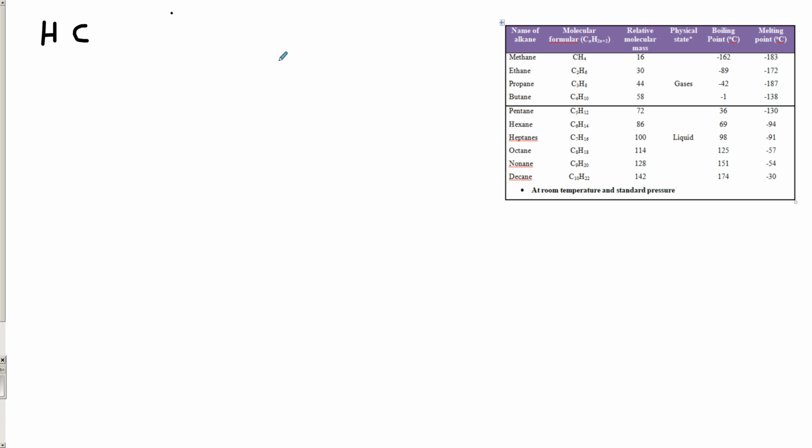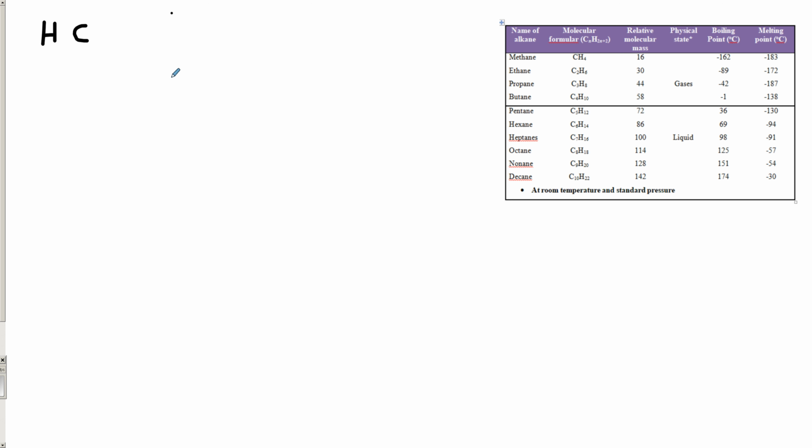Now, most of the time, hydrocarbons are used as a fuel source, and all they are is chains of carbon atoms, and then we have hydrogens hanging off of or bonded to the carbons.